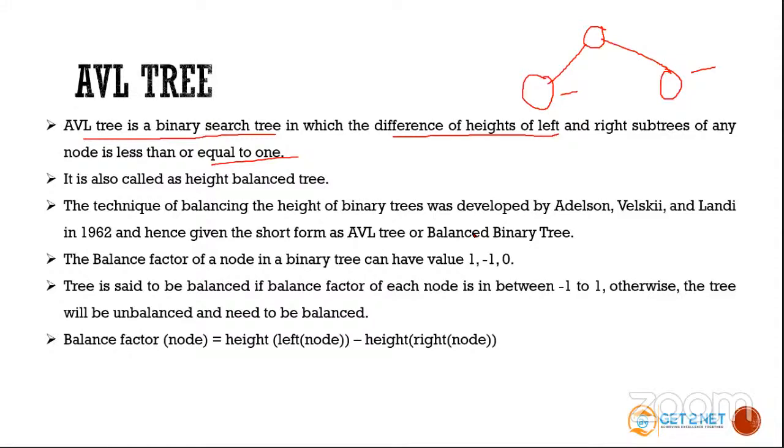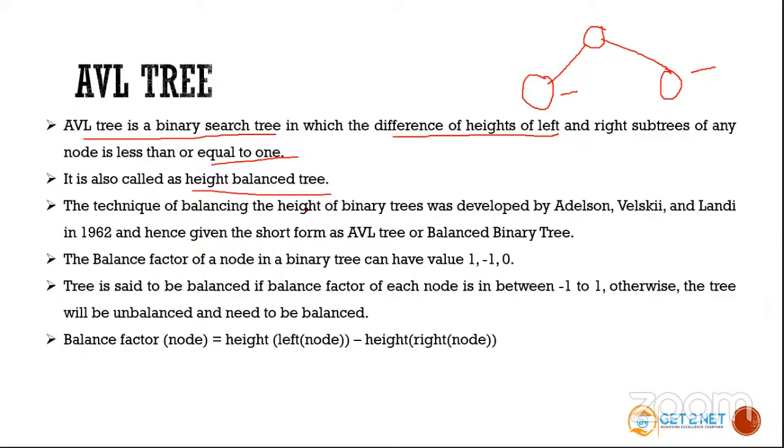Not more than 1 and not less than minus 1. So it will be between minus 1 and 1. That means there are three values, minus 1, 0 and 1. So we can say the AVL tree is a height balanced tree also.